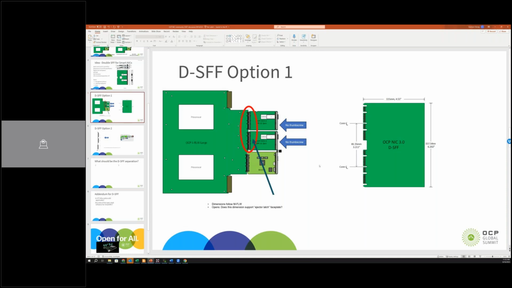Okay. One tiny clarification, Damien, on your image here: the top arrow that says no thumb screw, technically that can be a thumb screw. It's the middle one that can't be. In the base spec, for folks implementing a single OCP NIC, it can be a thumb screw. The middle one is prevented.